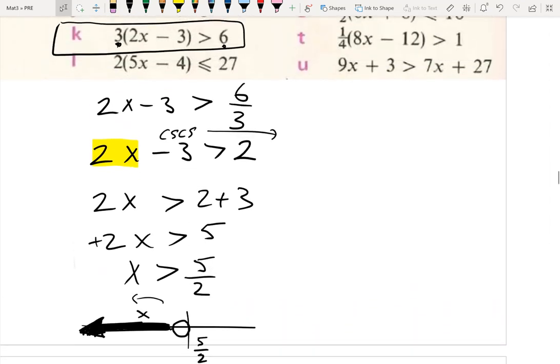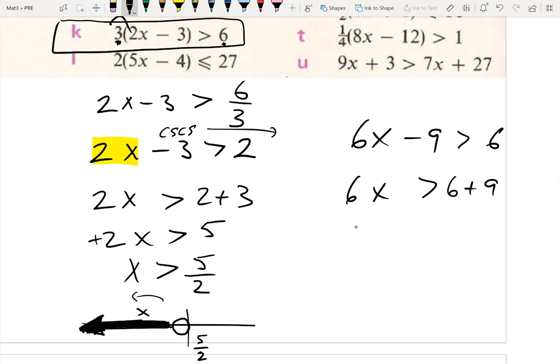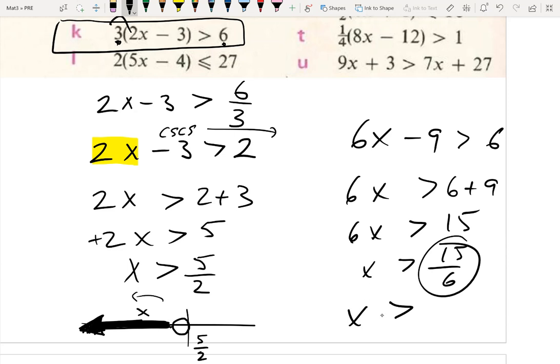Okay, just for giggles, I'll very quickly do the other way with the distribution. That would need to be simplified with 3 into both, and it's the same result.